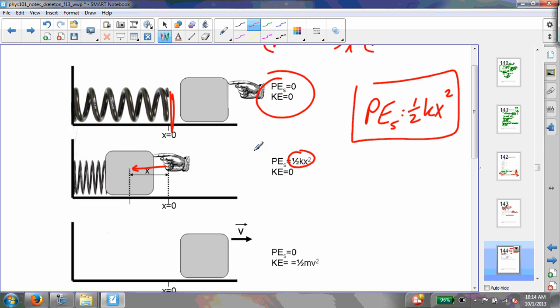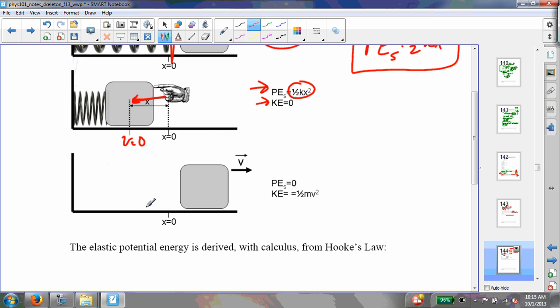Now, when it's fully compressed, all the energy is potential energy, and the kinetic energy is 0. So when the spring is fully compressed, my velocity at this point is going to equal 0. And when the spring is no longer compressed, the spring potential energy is 0, and the kinetic energy is equal to 1/2 mv squared.